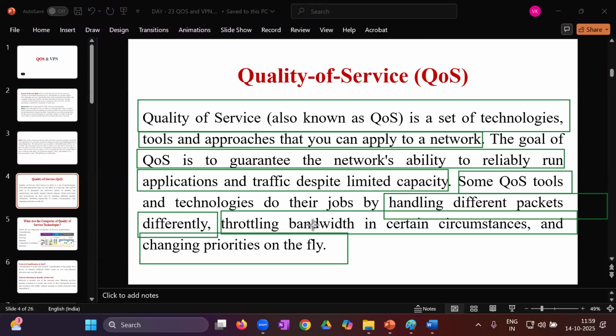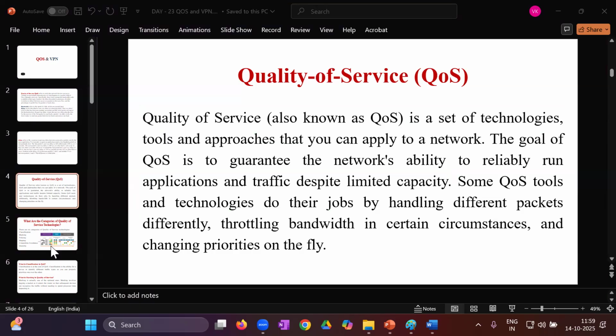It says that among this 100, 15 Mbps will be for data, 25 will be for voice, and let's say 30 will be for video traffic. So it is distributing that bandwidth. Throttling of bandwidth means distributing among different traffic. As you have to distribute the bandwidth among different traffic, you first need to classify the traffic. So the first thing involved here is classification of the traffic.